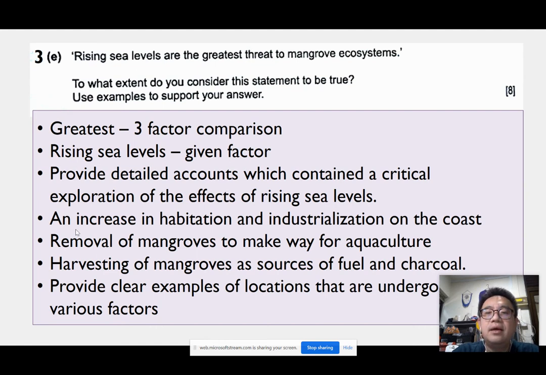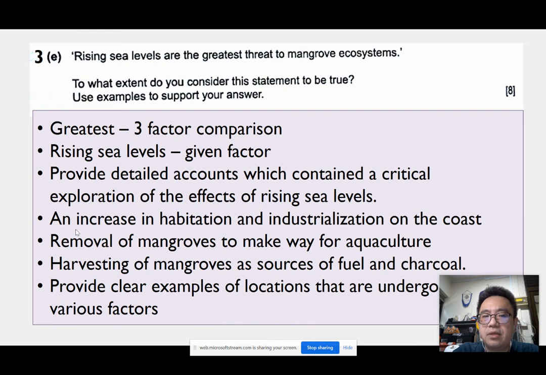Another one is aquaculture, with the case example in your textbook on Vietnam. And of course, you can talk about removal of mangroves to harvest them as a fuel source to make charcoal. That actually happens a lot in the Philippines. So you do have examples for each of these things that you can talk about.